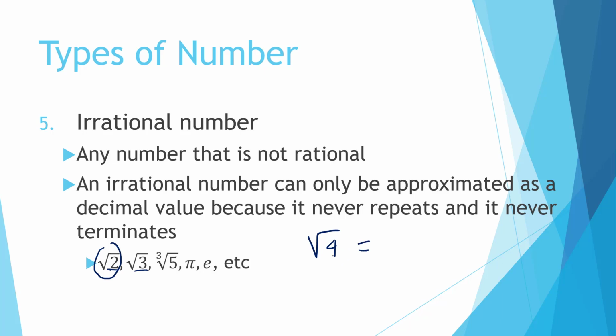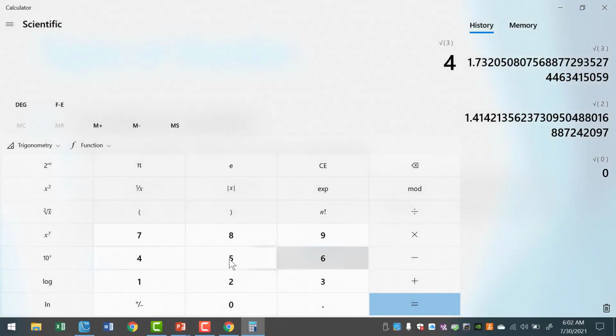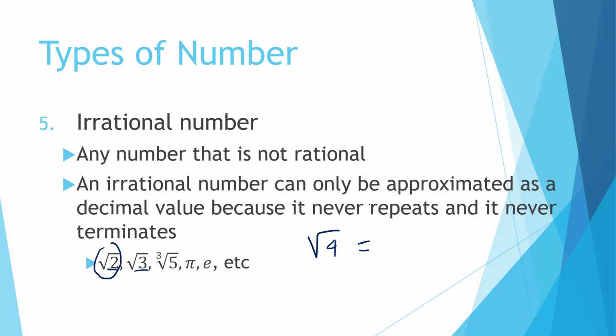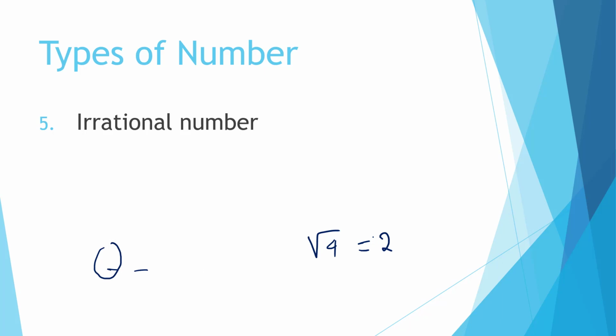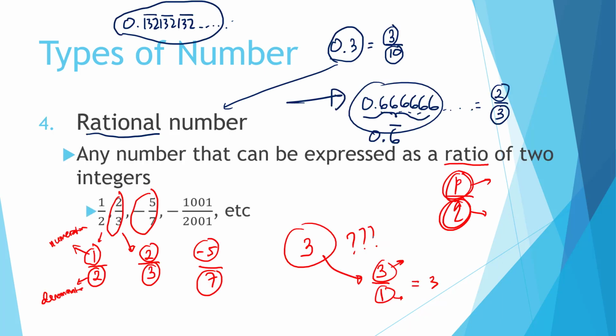If you're having difficulties determining the square root of a number, you can just use the calculator. If we put square root of 4 into the calculator, here we go. Actually, it's just 2. Because square root of 4 can be simplified as a simple number, 2, and 2 is rational, the same as 3, which can be written as 3 over 1.